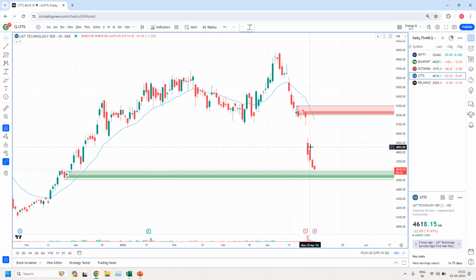Maybe they may be valid tomorrow, day after tomorrow. If your analysis doesn't change until the price reaches your entry, it may be valid. If in between new zones are created and our analysis is changed, probably the zone will be invalid because our analysis has changed. So don't mix these two concepts.